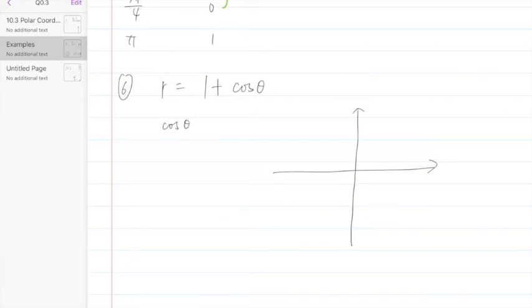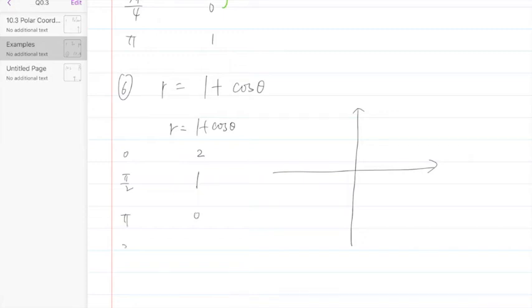Now you're probably already familiar with this. This one is going to be periodic. You just repeat. What you really care about is decomposing them into several parts. Sorry, it's different now. It's r equals 1 plus cosine theta. So when you have 0, you have 2. When you have pi over 2, you have 1.